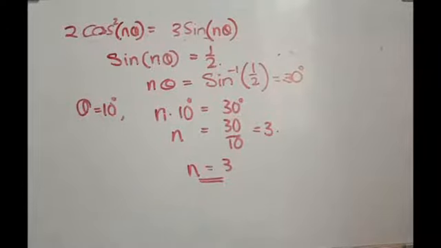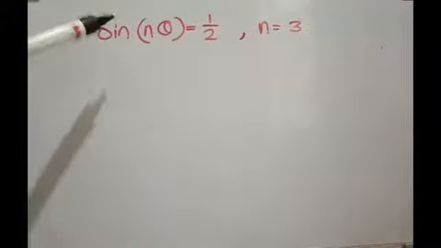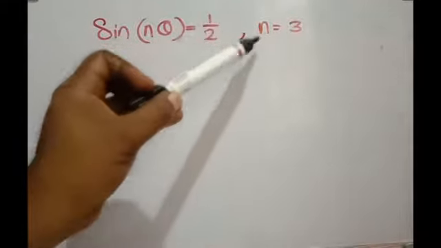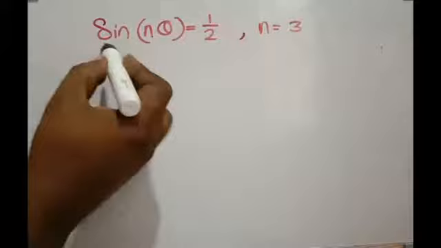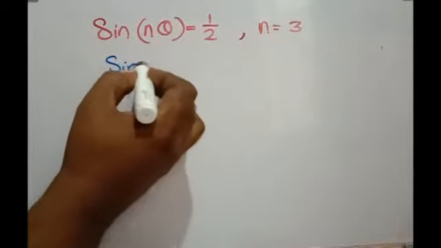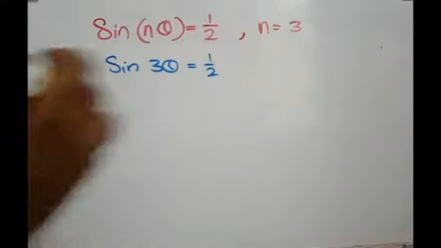Now our task is to find the largest angle from 0 to 2 pi. So we found sine n theta as 1 by 2 and n is equal to 3. So that implies sine 3 theta is equal to 1 by 2.